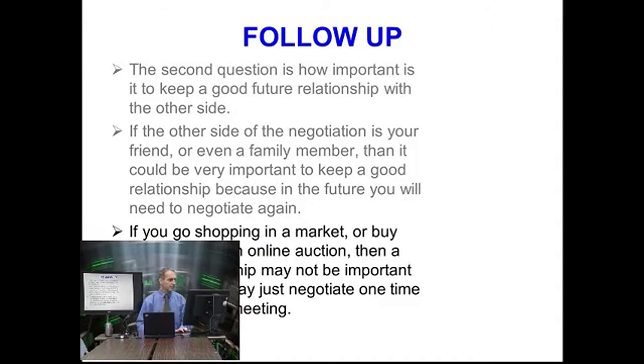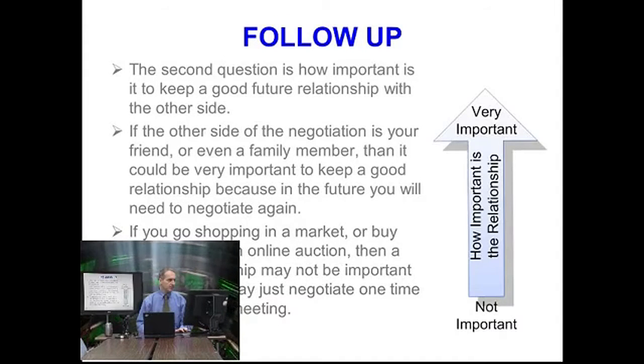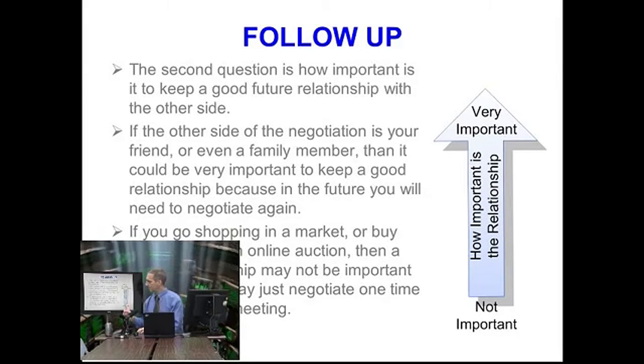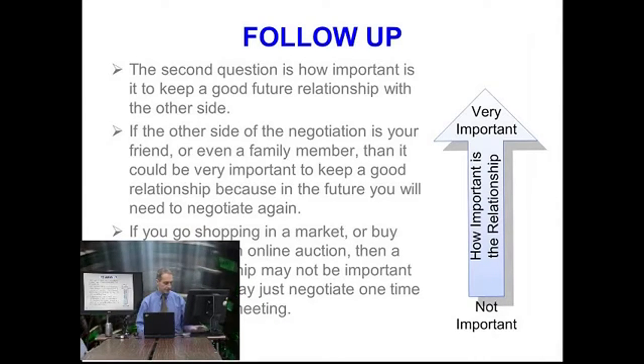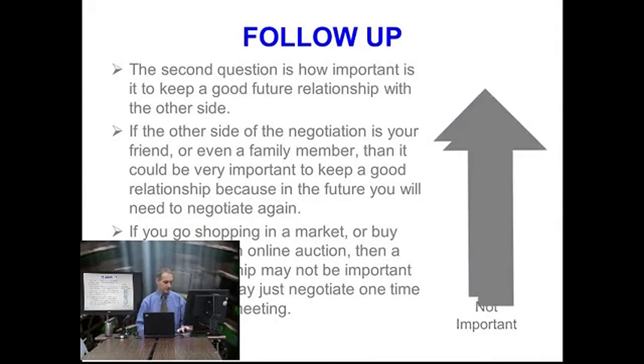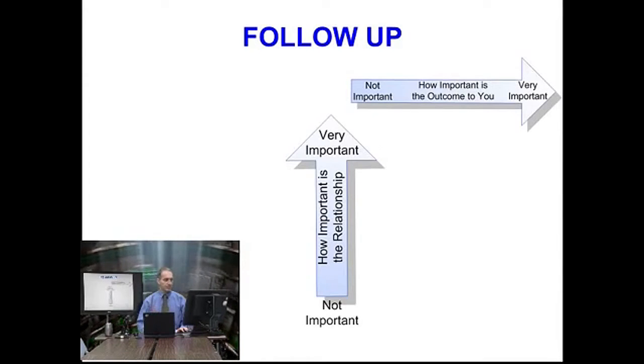How about the relationship? How important is the relationship? Think of the relationship as being another axis. Not important? Very important. Now then, let's take these 2 axes and put them together to really get a very simplistic view of how we decide our strategy.